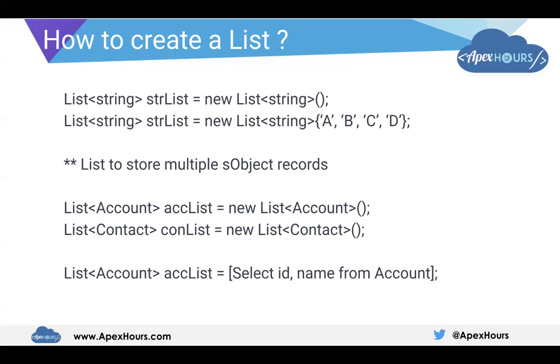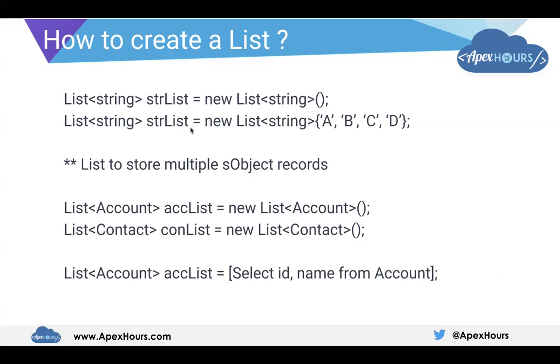Now, what if I want to assign some values into the list while creating the list? Then you have to go for the second line. List of string strList. strList is the name of the list, and this is how we determine the data type of the list.